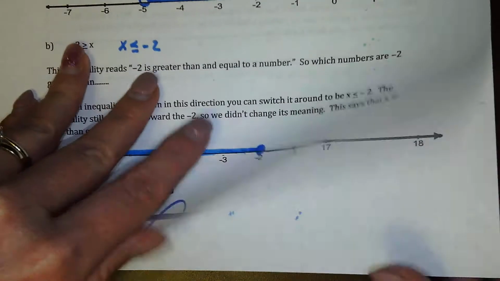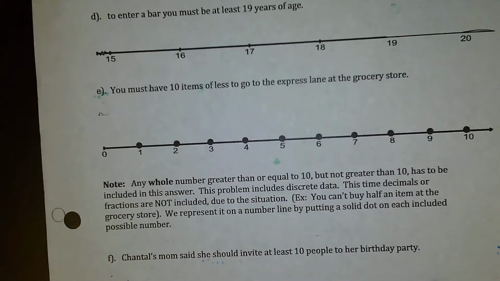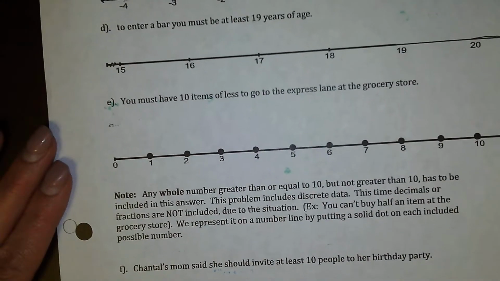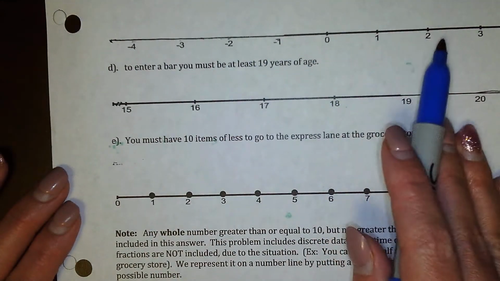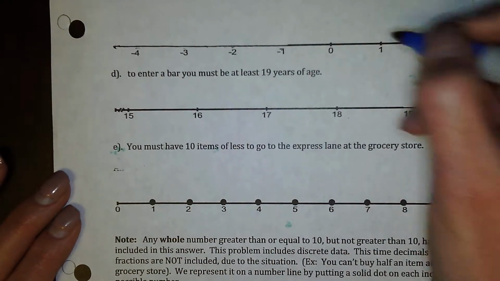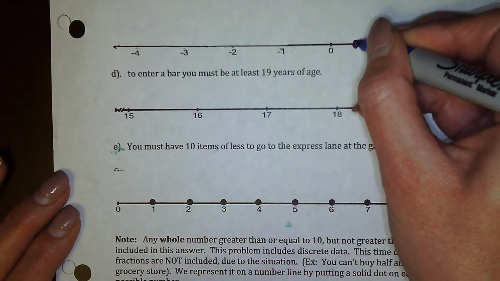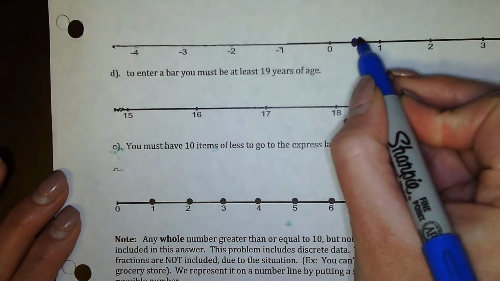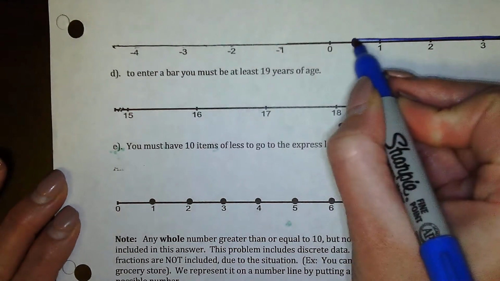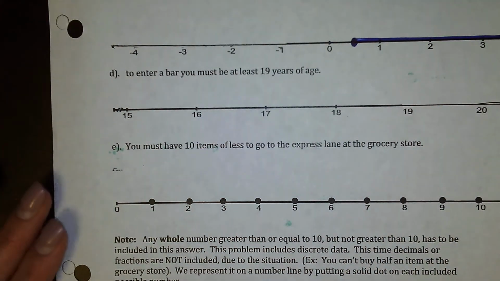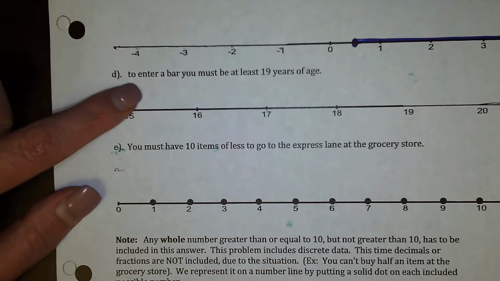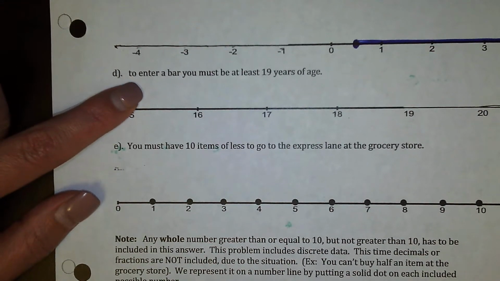So we're gonna flip that page over, and we'll just see a couple of other ones. So this very top was what we had seen on the previous page, that was the 0.5 going in this direction. Okay, moving on. So to enter a bar, you must be at least 19 years old.